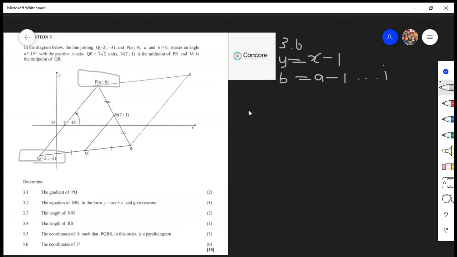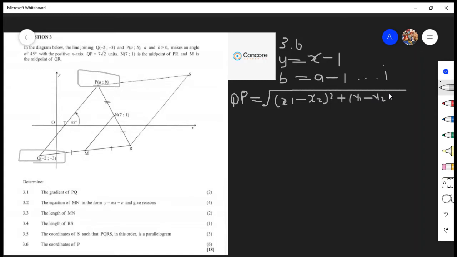So our distance QP is equal to the root of x1 minus x2 squared plus y1 minus y2 squared.